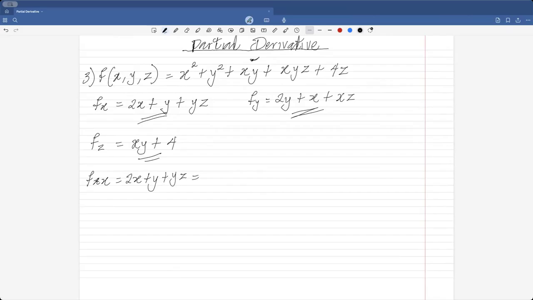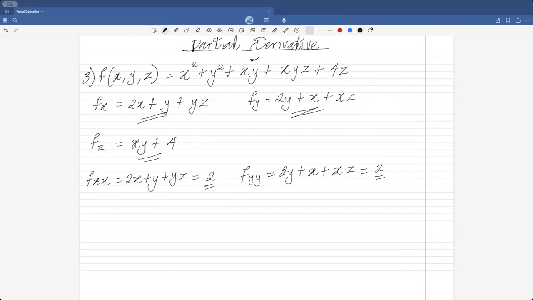If we differentiate it with respect to x again, we will have 2. And that is the final answer. If we say fyy, we have it back again as 2y plus x plus xz. So differentiating it again, we have 2. And that is the final answer.